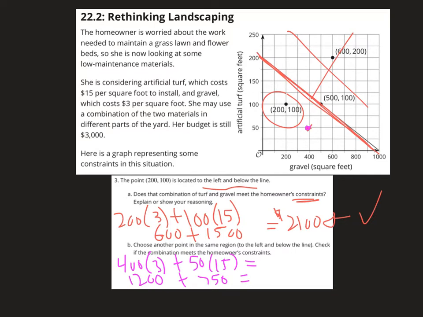And 1,200 plus 750 is going to get us $1,950. So that's less than 3,000. That certainly meets the constraints. So it looks like all of the region down here, anything would work. So anything on this line and below it would work. Sound familiar from the last video?